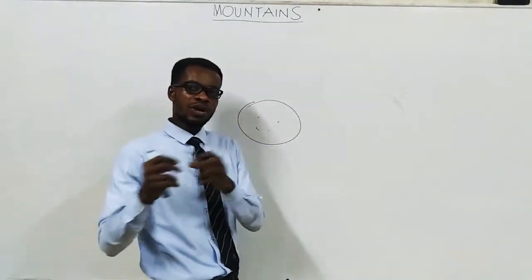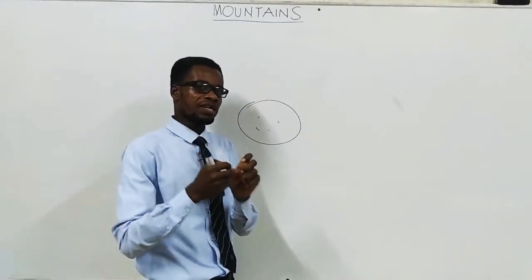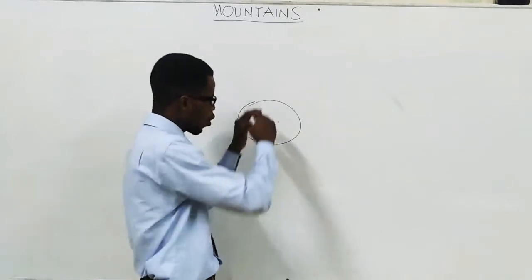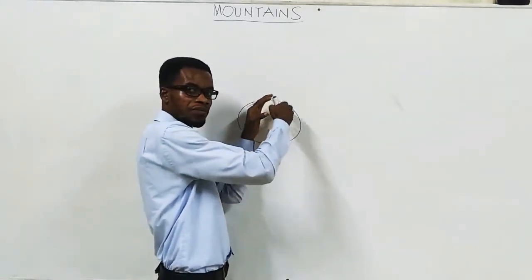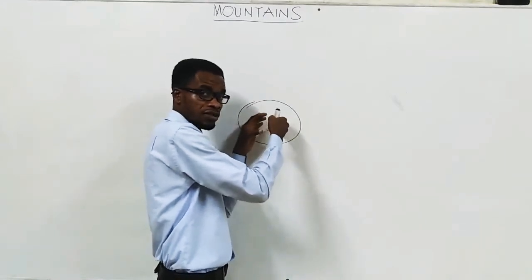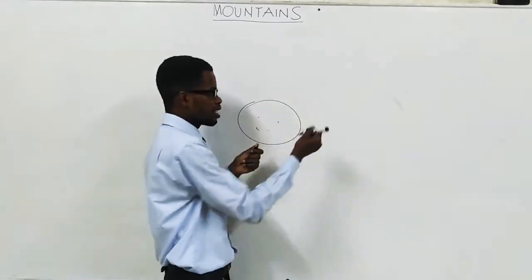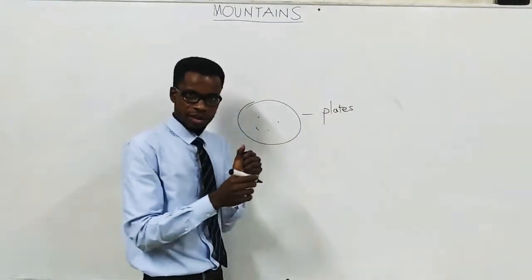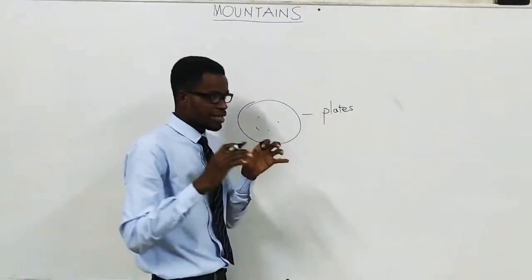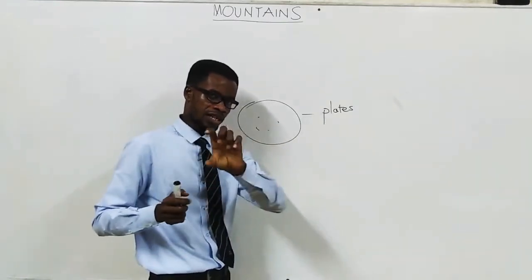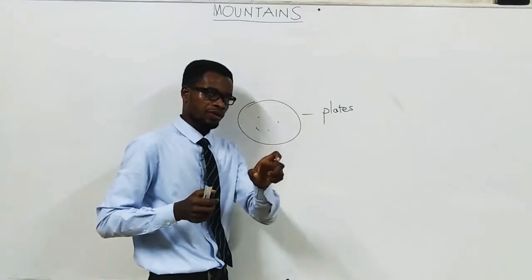Now, as that is going on, the force and that pressure alongside the heat act on the innermost part, which is soft. We're talking about the layers. The layers of the earth can also be referred to as what? Plates. Now, these plates move as the rotation and revolution is going on.